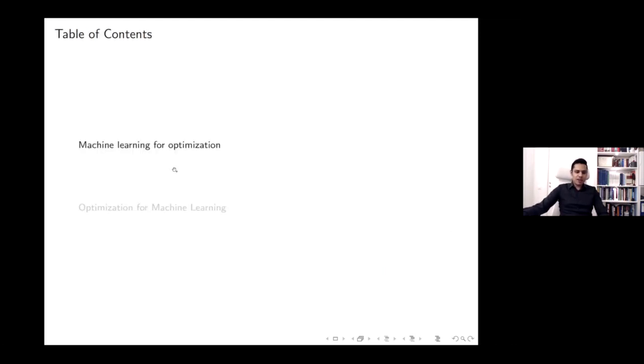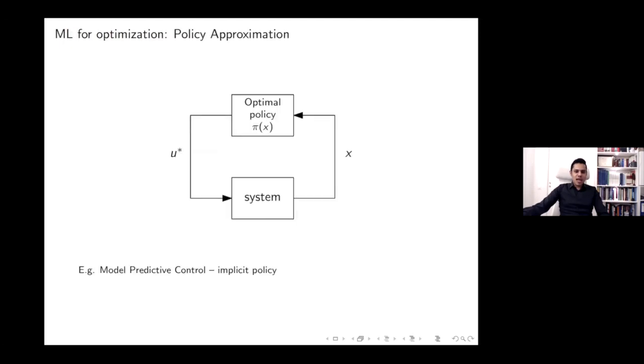So let's start with the first case, which is using machine learning to approximate decision-making problems. The goal here is to have some kind of an optimal policy that tells us what decisions to take depending on the current state of the system. For example, if we want to use model predictive control, then solving the optimization problem repeatedly at every time sample and implementing the first sample on the system implicitly gives us this optimal policy.